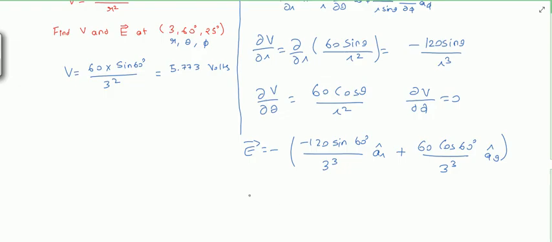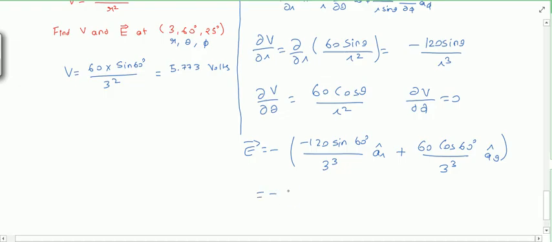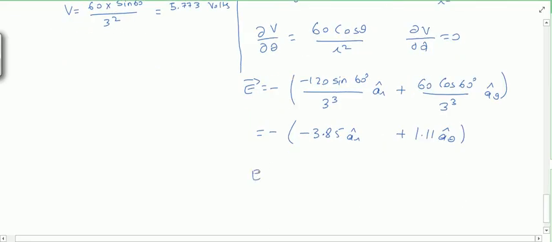This comes as minus 3.85 a R cap, and this comes as 1.11 a theta cap, and since the minus sign is already there, the E value comes as 3.85 a R cap, minus minus becomes plus, and minus 1.11 a theta cap.